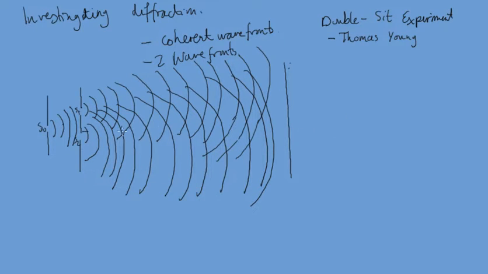I'm going to get some different colours because it's getting messy. So this is our central line here. We will have a maximum, and then a minimum, maximum, minimum, maximum, and so on and so forth.